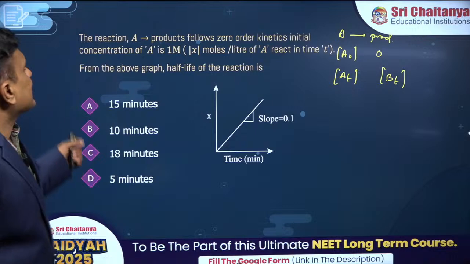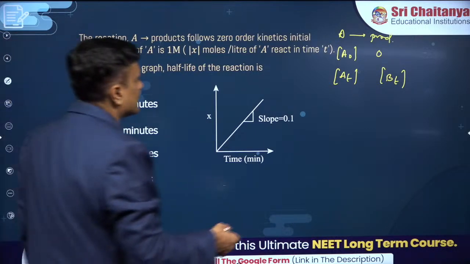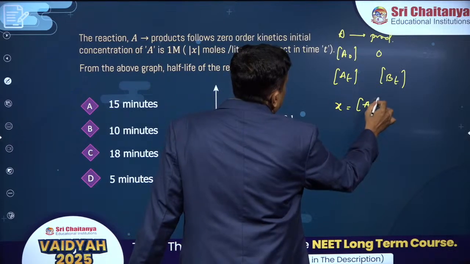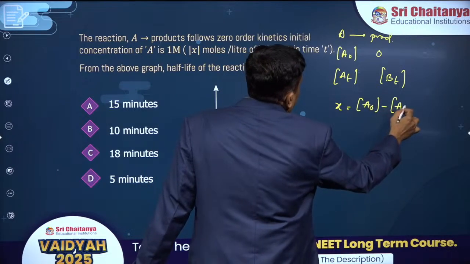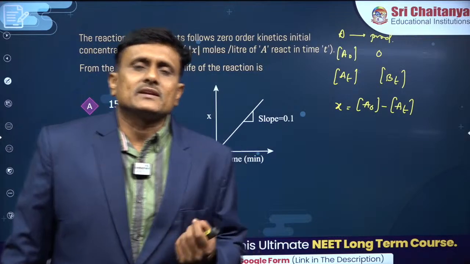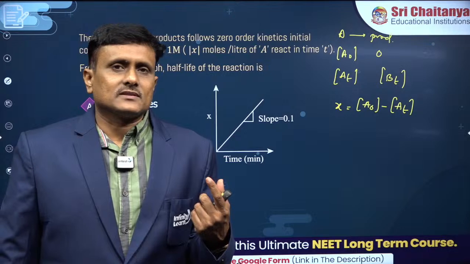Now we can see that x mole per liter of A reacted in time t. So x is equal to A naught, the initial, minus At, the remaining.